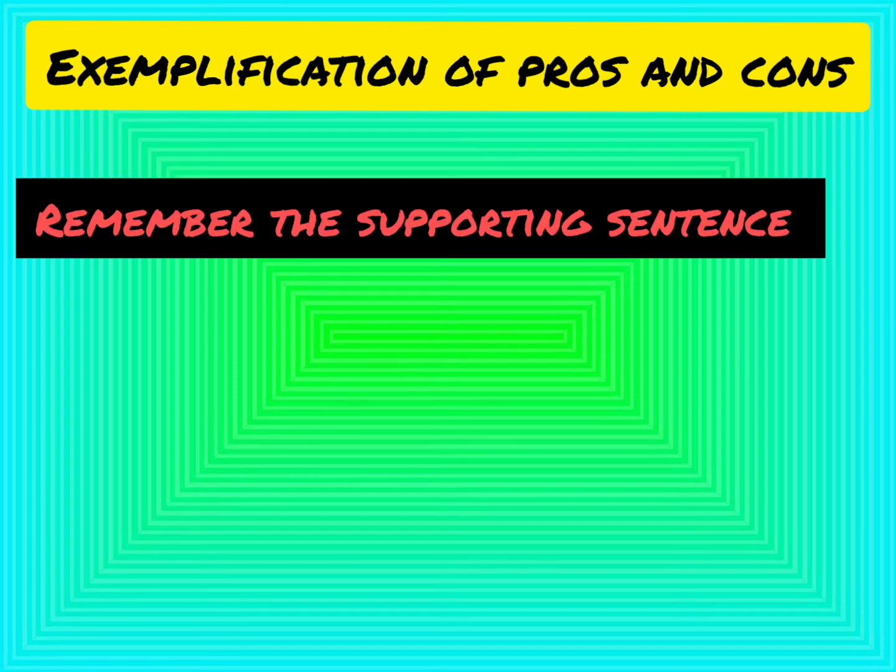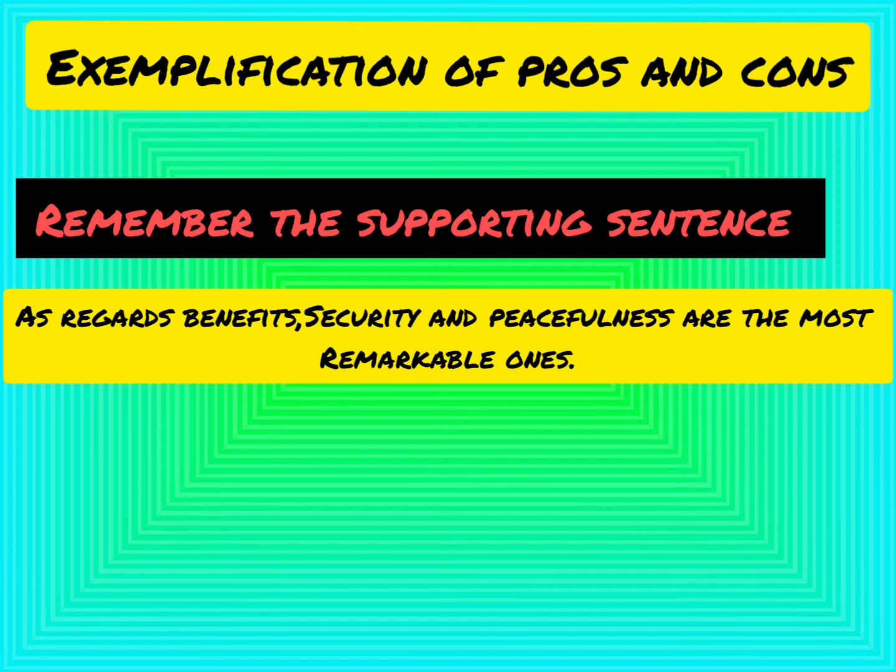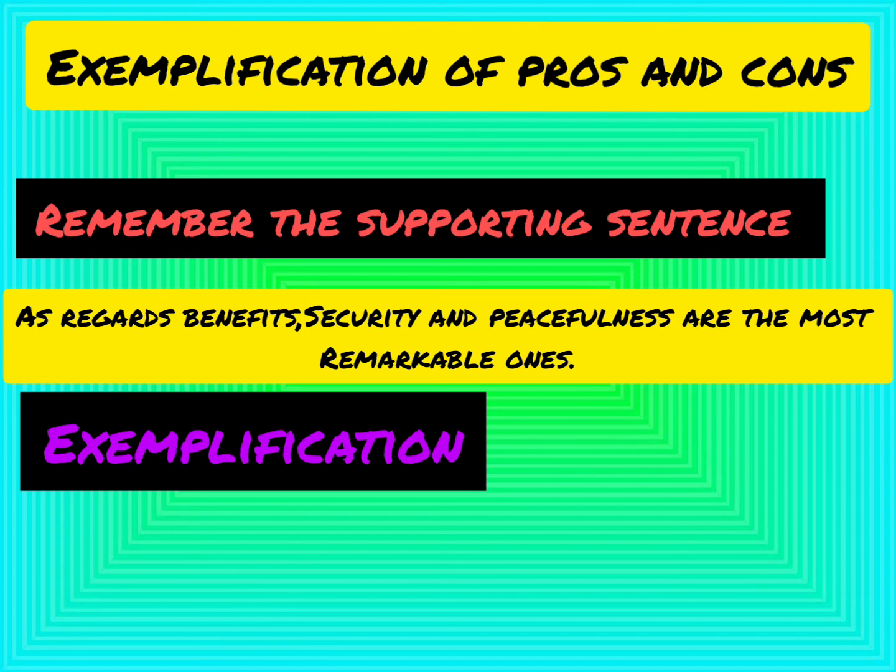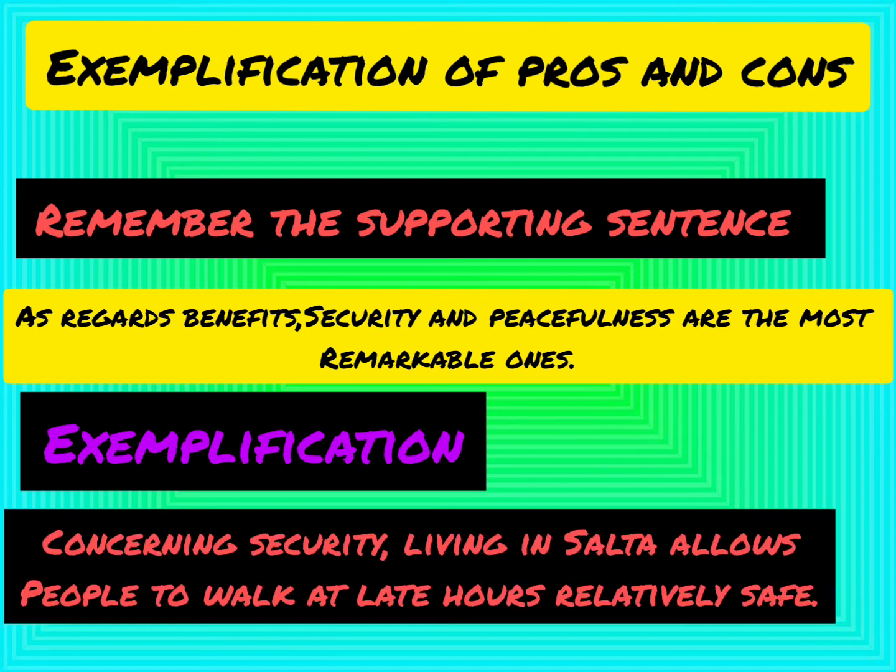Remember the supporting sentence we have just read: as regards benefits, security and peacefulness are the most remarkable ones. So, in the exemplification, we have to start to develop one of them, one of the advantages. Concerning security, living in Salta allows people to work at late hours relatively safe.